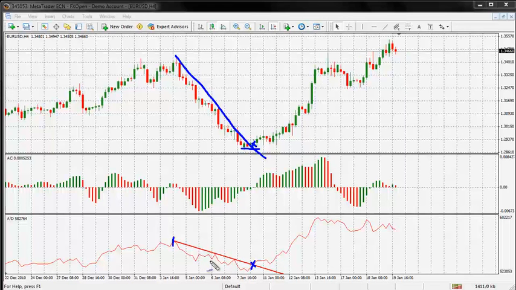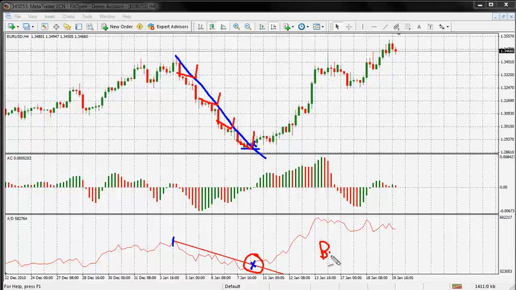Find the trend, find the signal, find the confirmation. We found the trend, it's down at the moment. Find the signal. There's the signal, breakout. This particular strategy we're using here is part of a breakout strategy.